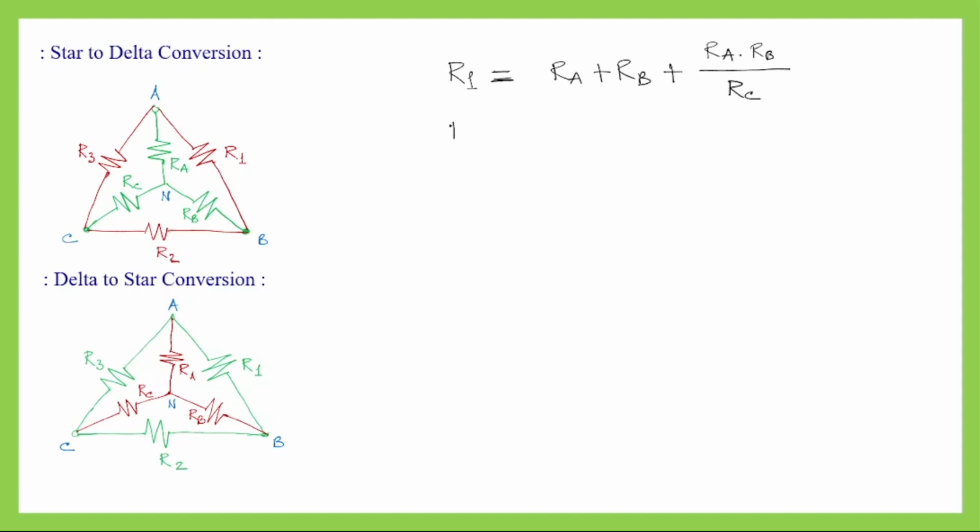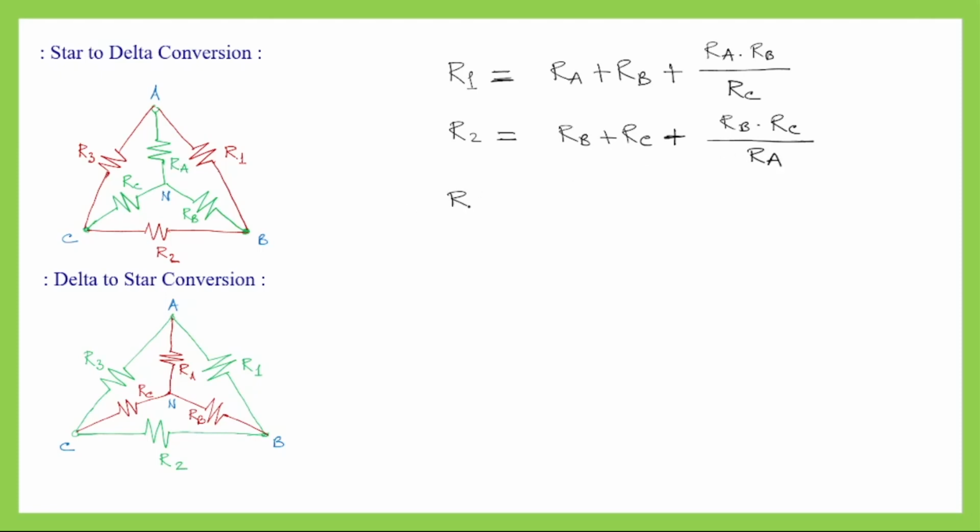Similarly, if we go by the same pattern, then R2 can be found out. For R2, these opposite resistances are RB and RC in this delta connection. Then it will be RB plus RC, plus RB multiplied by RC divided by the last resistor that we have in that star connection, which is RA in this case.